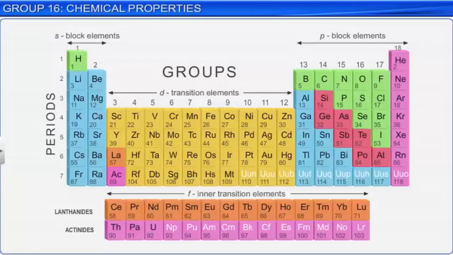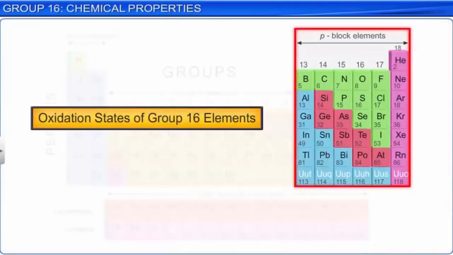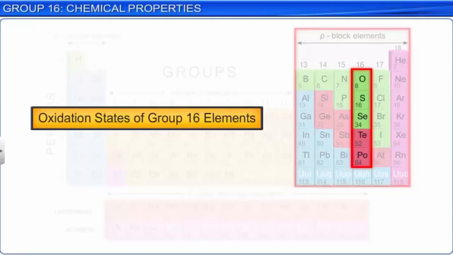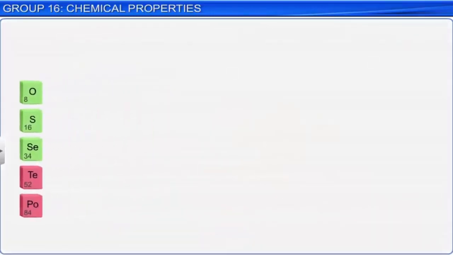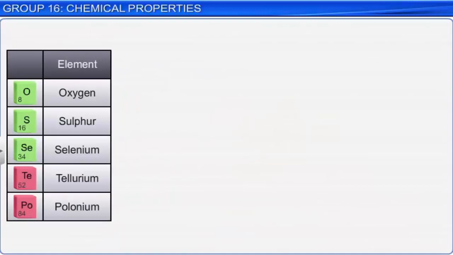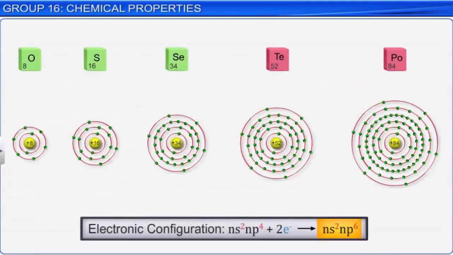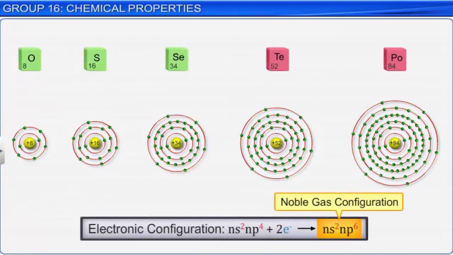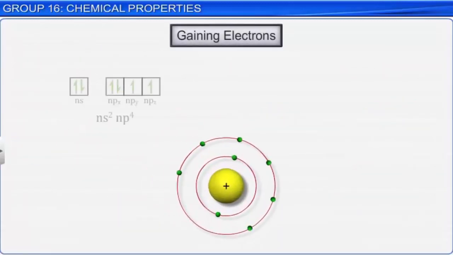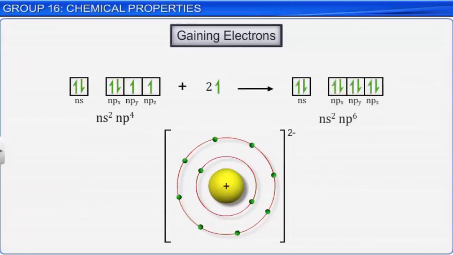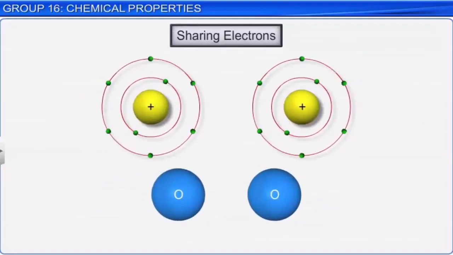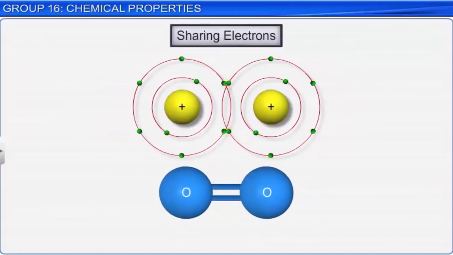First, let's take a look at the oxidation states of the elements of group 16. As all the elements of this group have a configuration of ns2np4 in their valence shell, they may attain noble gas configuration either by gaining 2 electrons, forming M2- ions, or by sharing 2 electrons, thus forming 2 covalent bonds.